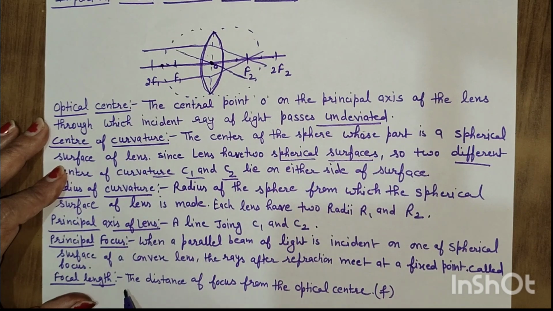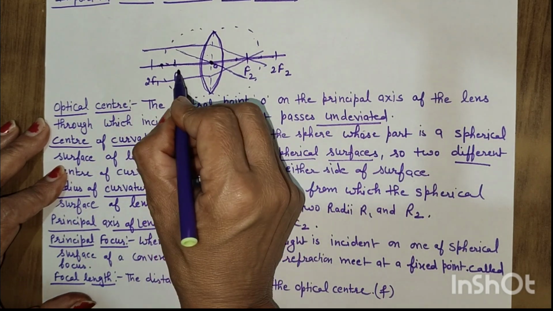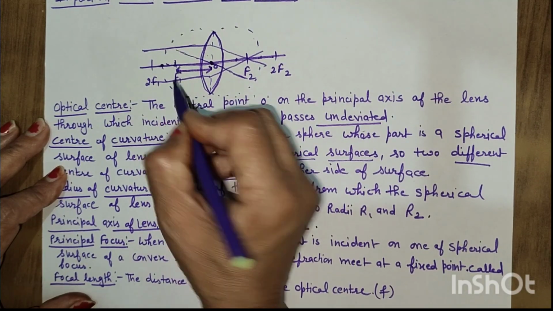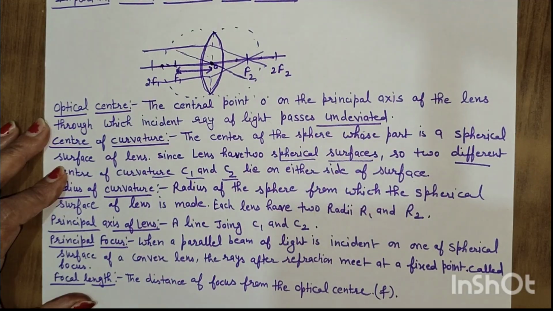Now the focal length. Focal length is the distance of the focus from the optical center. This is called the focal length.